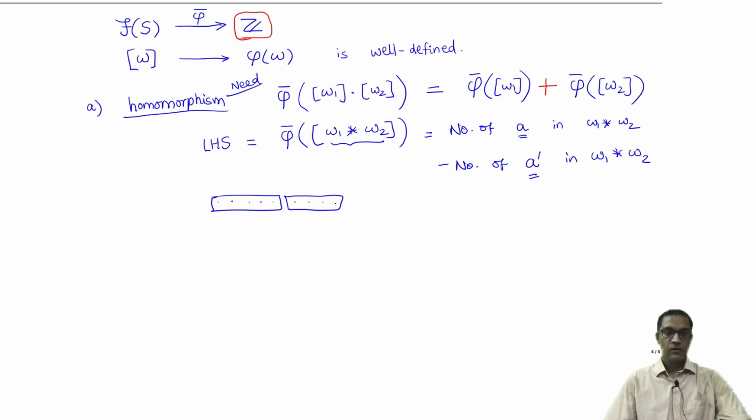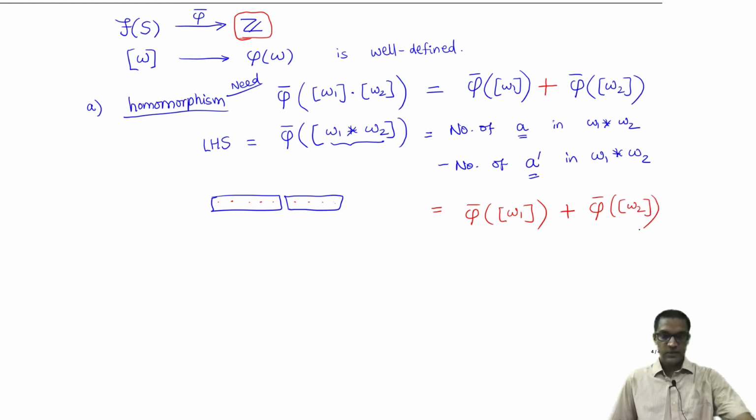So this answer is nothing but phi bar of W1, the number of a's minus a primes in W1, plus phi bar of W2, the number of a's minus a primes in W2. So that's the proof of the homomorphism property.